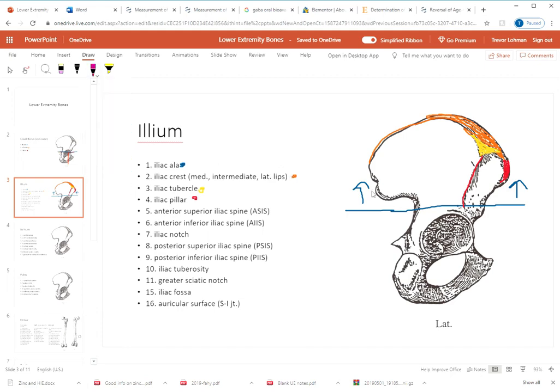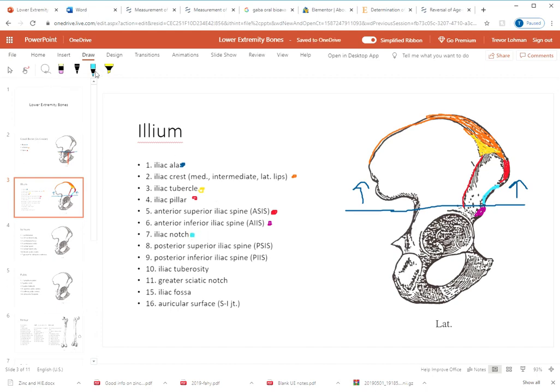Then there's a small notch, and below that notch here is the AIIS, or anterior inferior iliac spine. The notch I just mentioned between those two is called the iliac notch. These are all sites of different muscle attachments. One of your quadriceps attaches here.